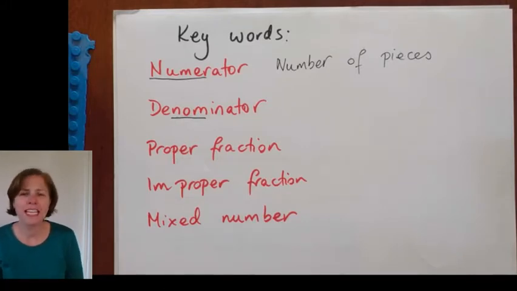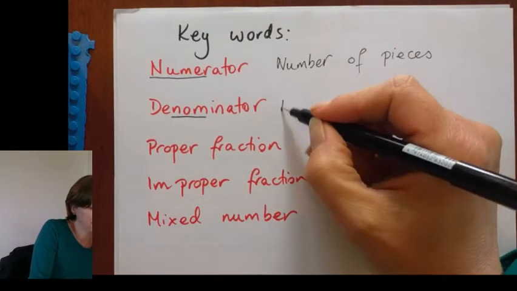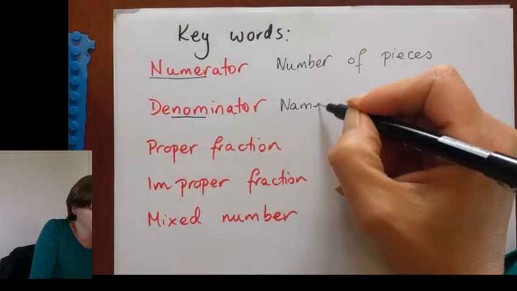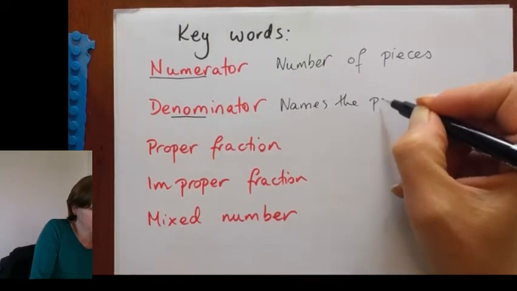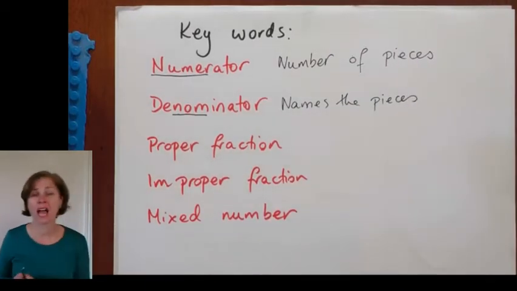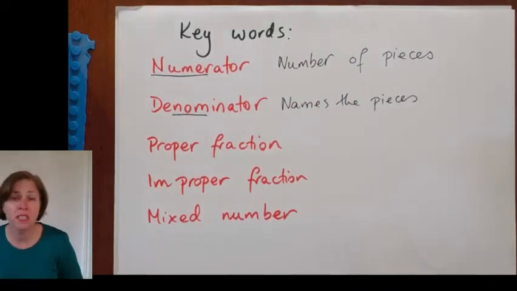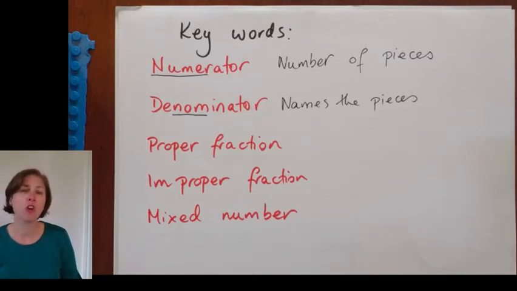So the denominator names the pieces. For example, are they halves? Are they quarters? Are they tenths? So numerator tells me how many pieces. The denominator tells me what size they are. It names the pieces. So if I've got 3/10, then 3 is my numerator and 10 is my denominator.